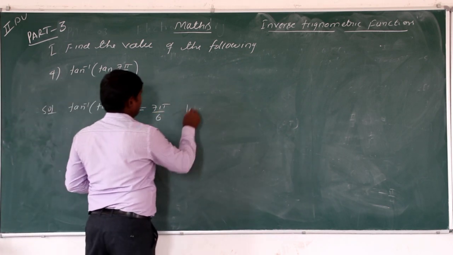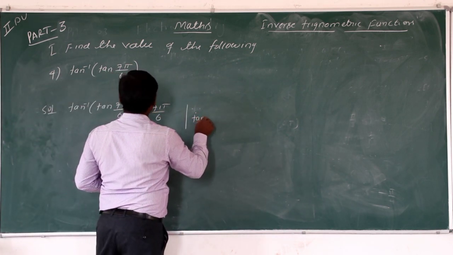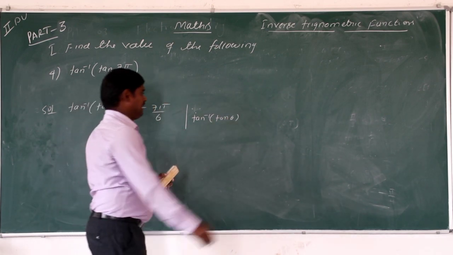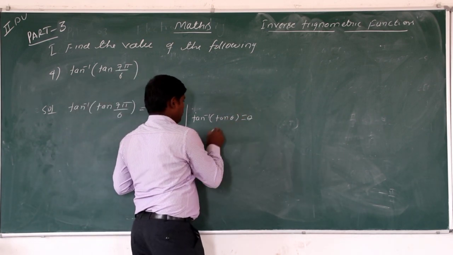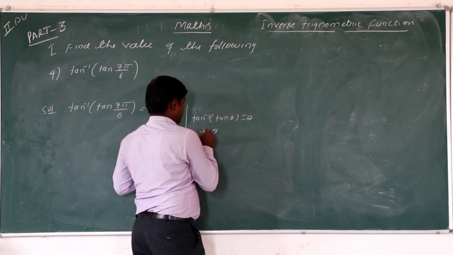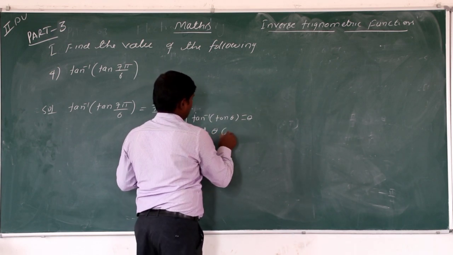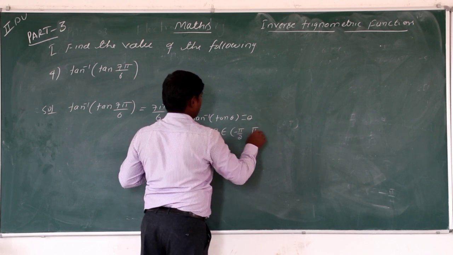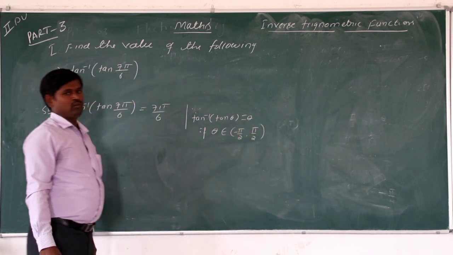So we know that tan inverse of tan theta is equal to theta if theta is in between minus pi by 2 to plus pi by 2.